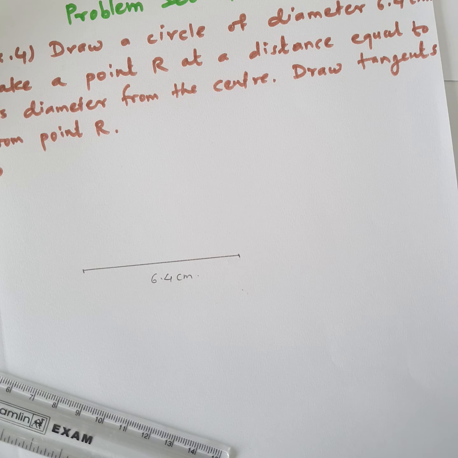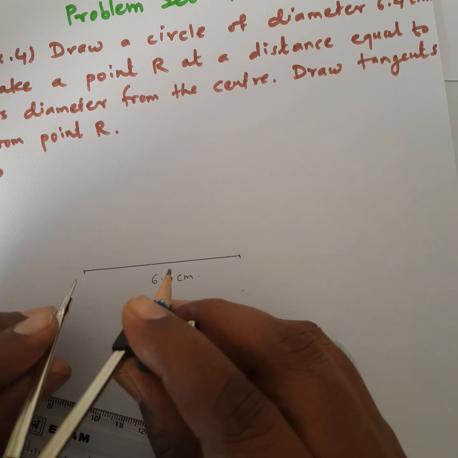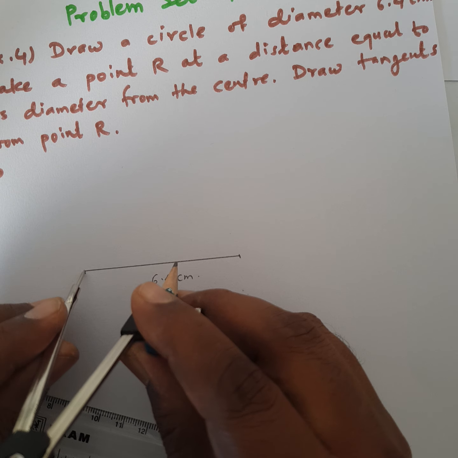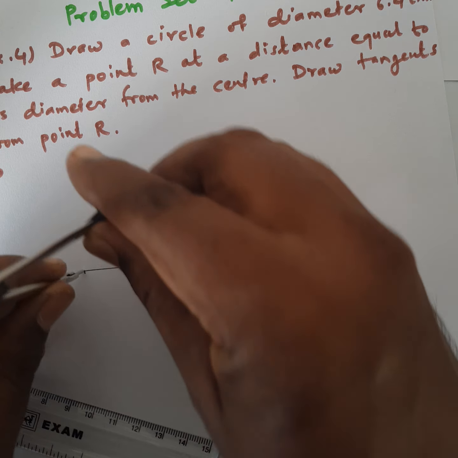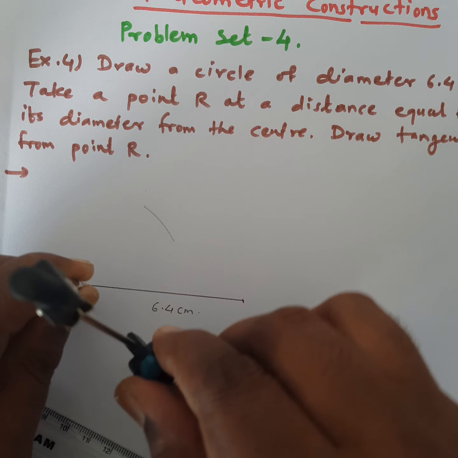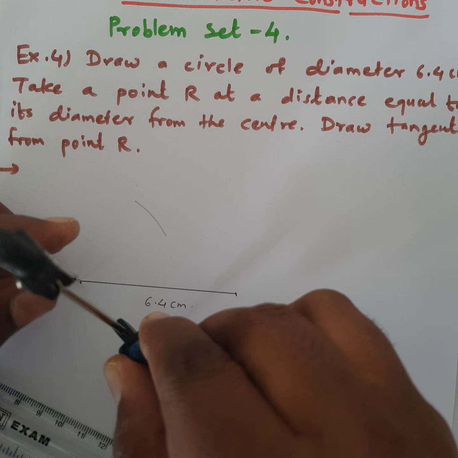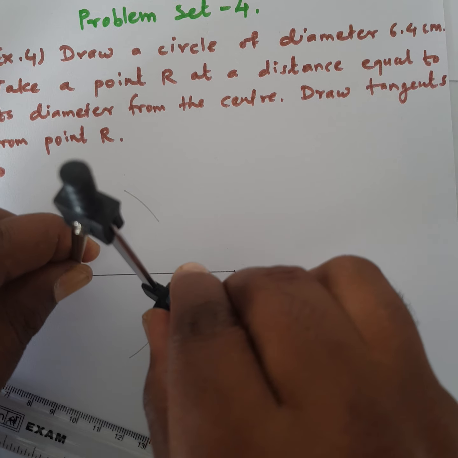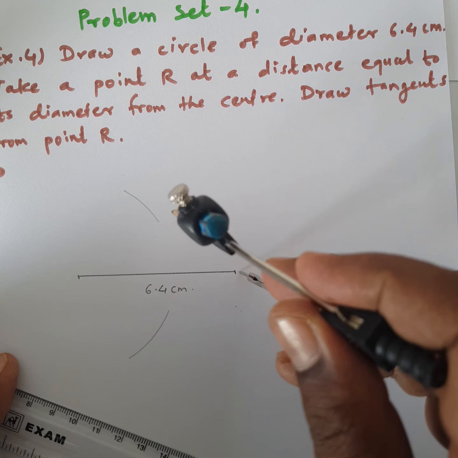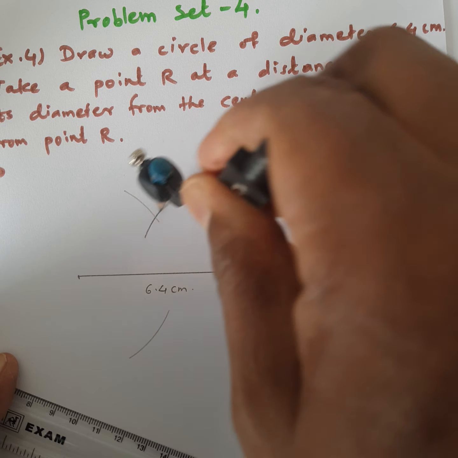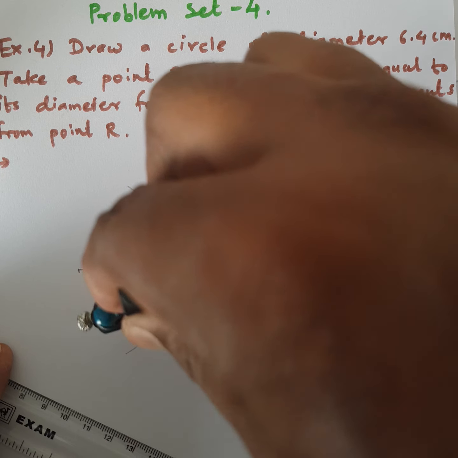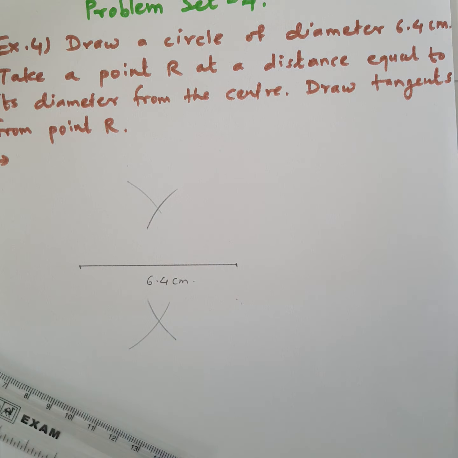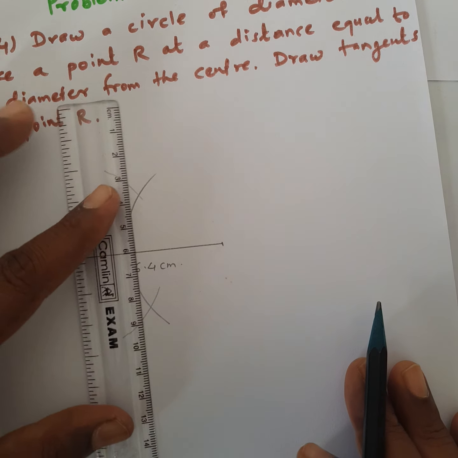Now to draw the circle, we will take the center of the circle. To find the center, use the compass and take the midpoint of this segment.